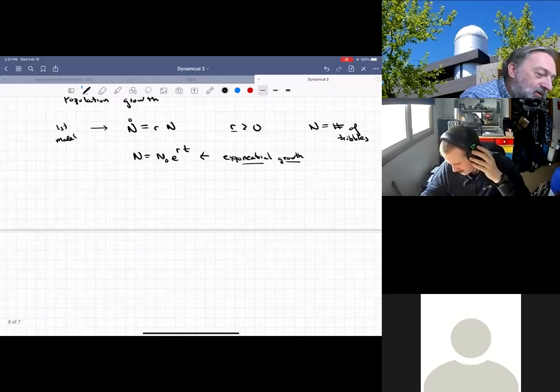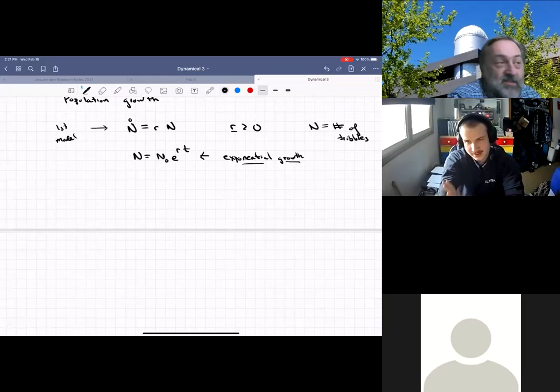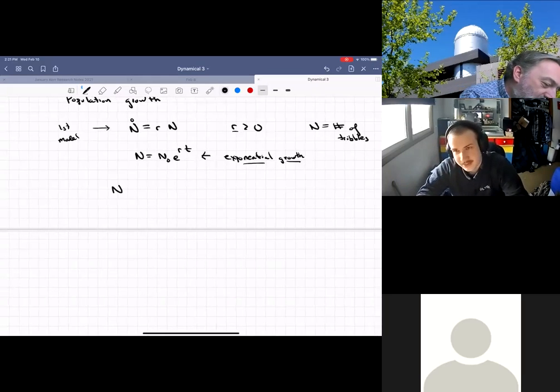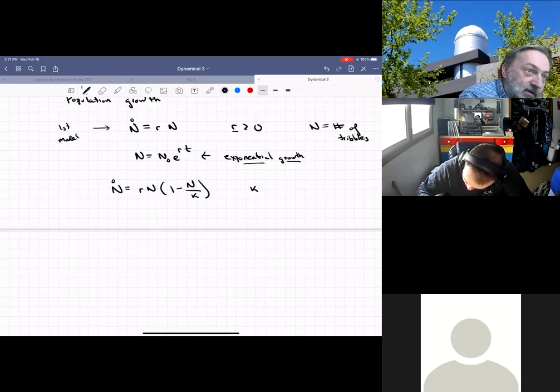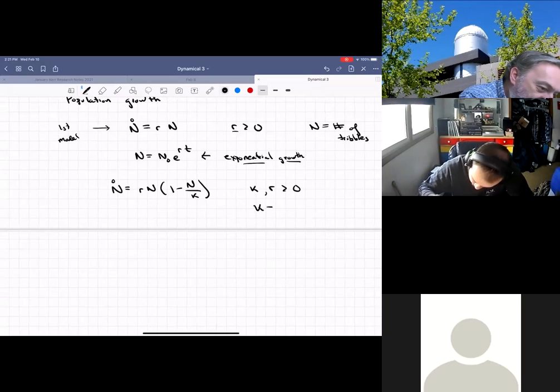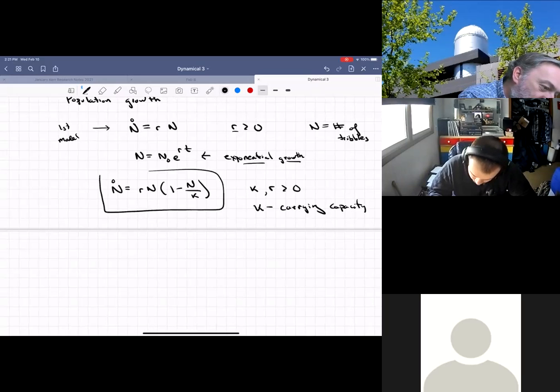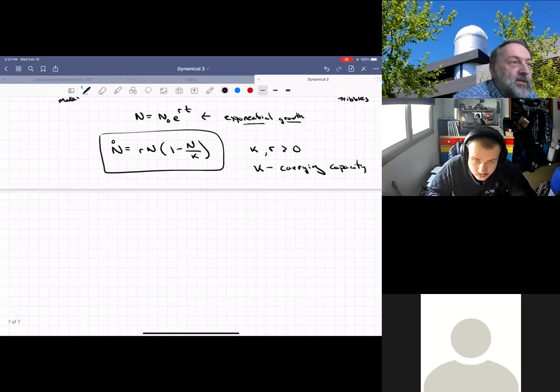So that's not a very realistic model because it leads to exponential growth. So let's try something else. If we try R n times 1 minus n over k, where k and r are both positive numbers, and k is something we're going to call the carrying capacity. All right, so let's look at this example of population growth.